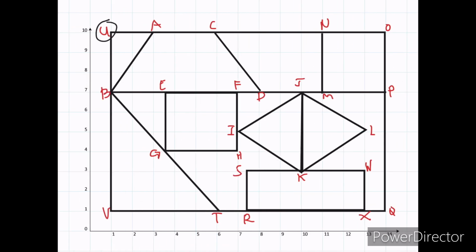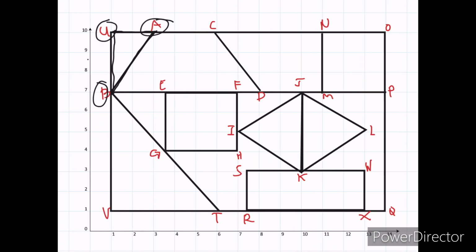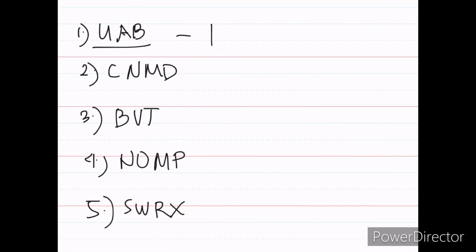So this is our U, A and B. When we connect those lines from U going to A, A going to B, and B back to U, we have what shape? That is a triangle.